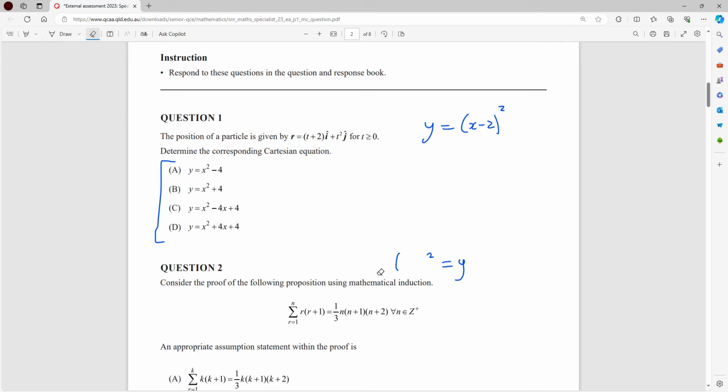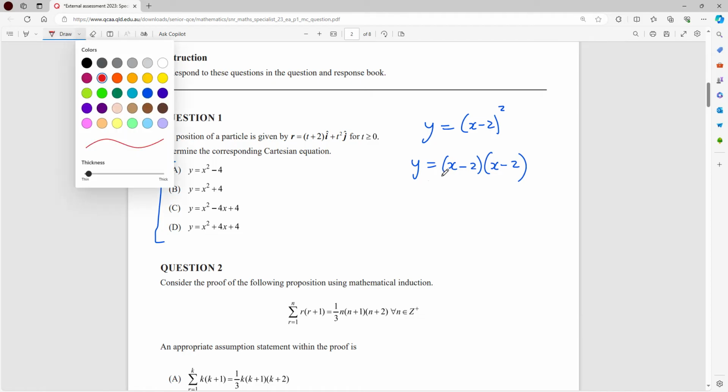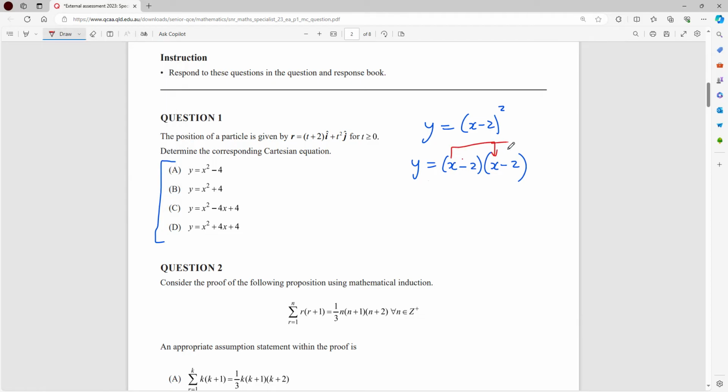Now to see which option is correct, we need to expand these brackets. This means this times itself twice. So it's (x minus 2) times (x minus 2), and then we can multiply each term by each other. So x times minus 2, negative 2 times x, and then minus 2 times minus 2.